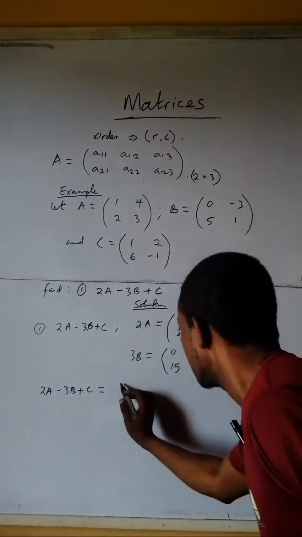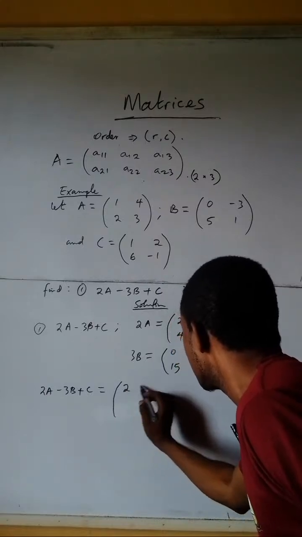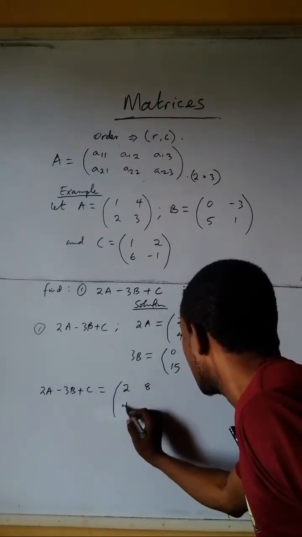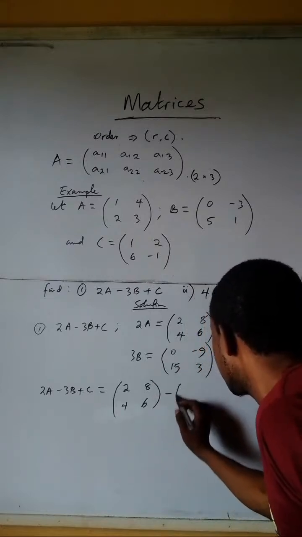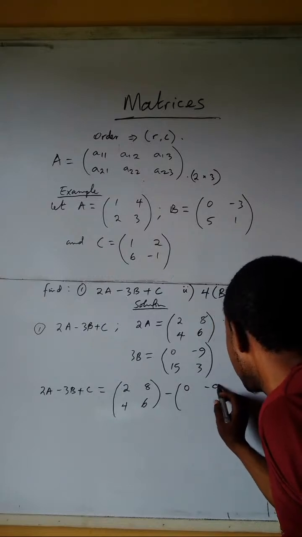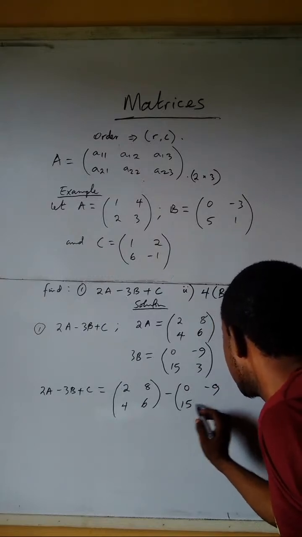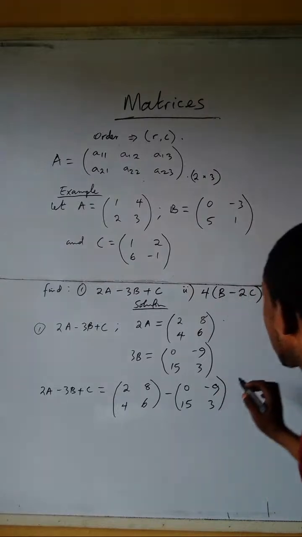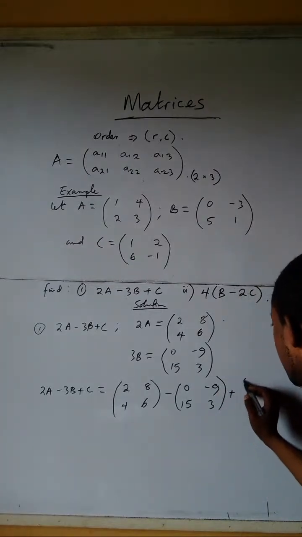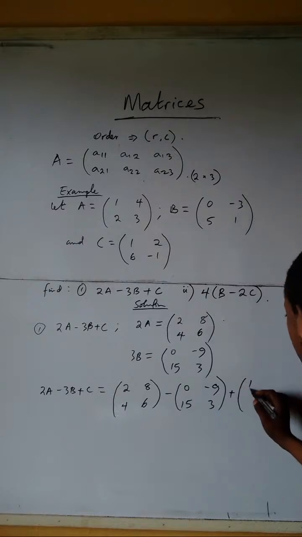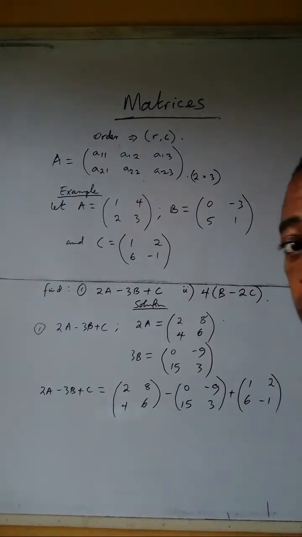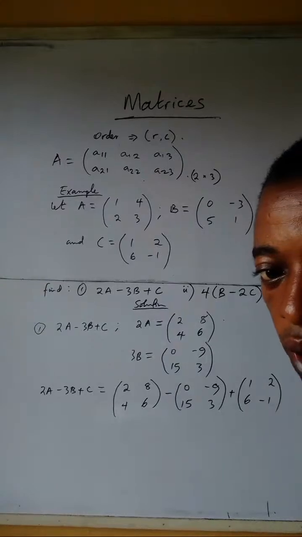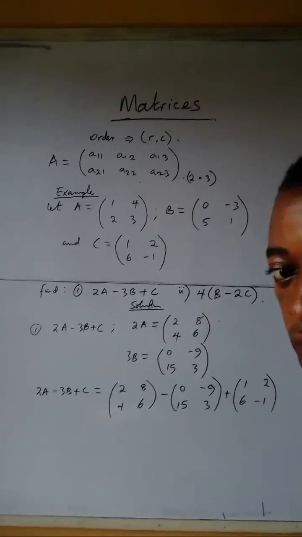This is 2A, which will now be 2, 8, 4, 6, then minus 3B. 3B is this, which is 0, minus 9, 15, 3, then plus C, and C there we have 1, 2, 6, and minus 1. Now, here, we are going to add and subtract the direct elements from each other.